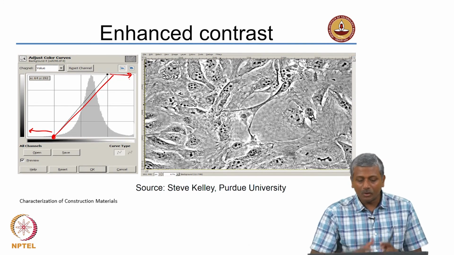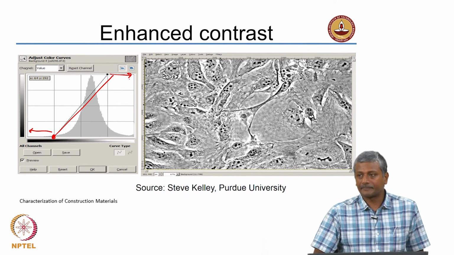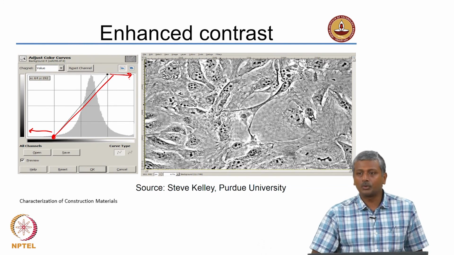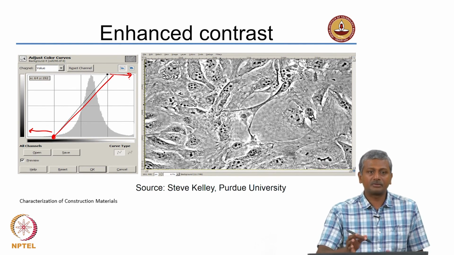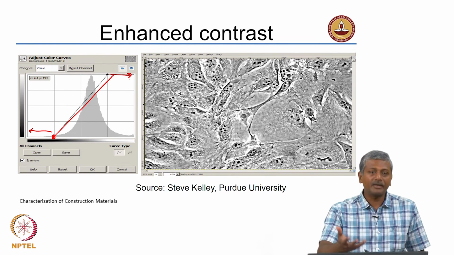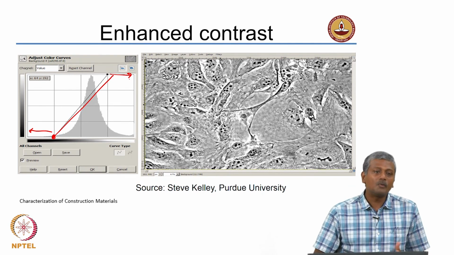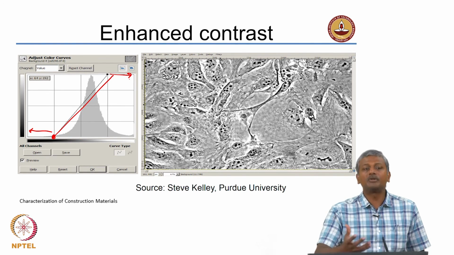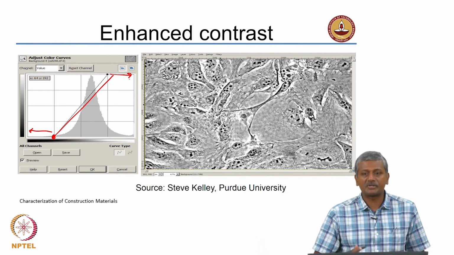That is why the contrast is basically increasing. Okay. We will stop with this for this lecture and continue in the next lecture with some examples of how these processes can be applied to common images that we view in cementitious materials, and see how well we can translate that into actual data about the phase contents which are present in the material and so on.